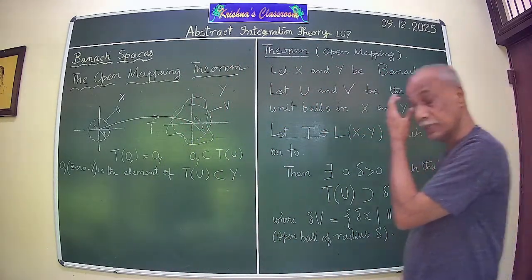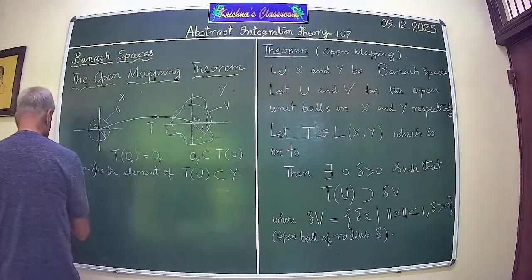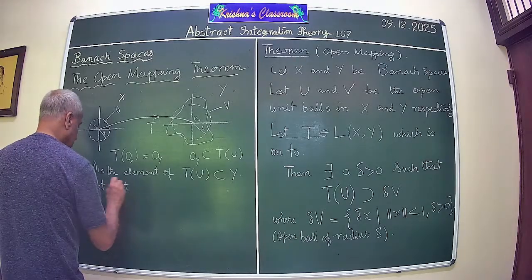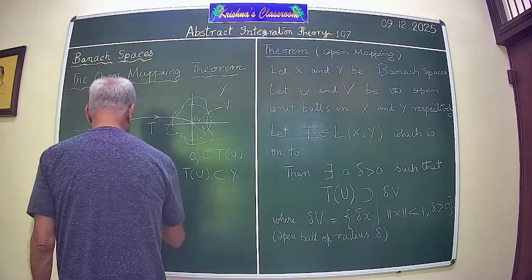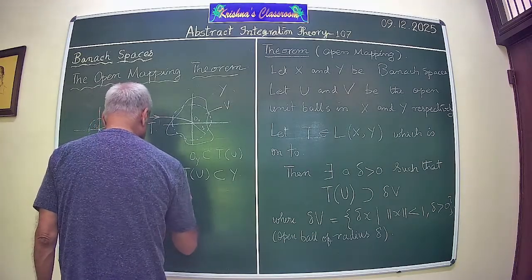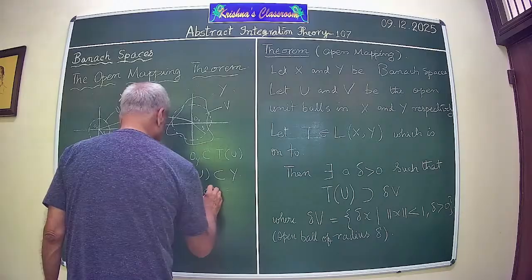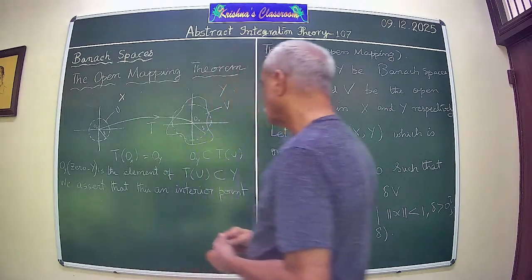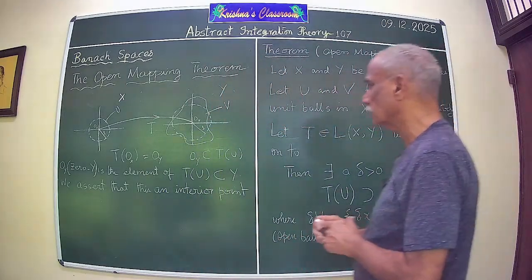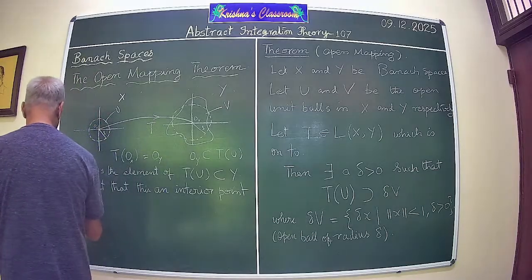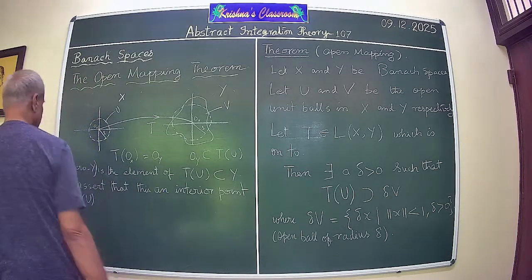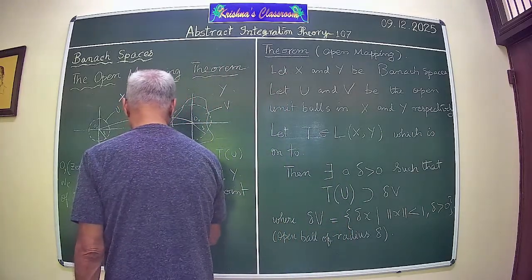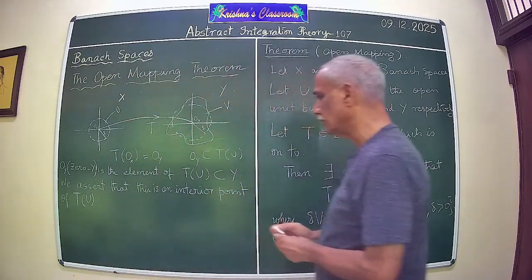Now what we assert is that this is an interior point, that is 0 Y is an interior point of T(U).